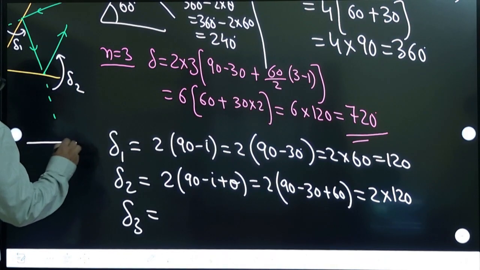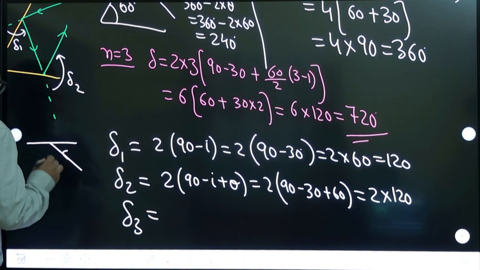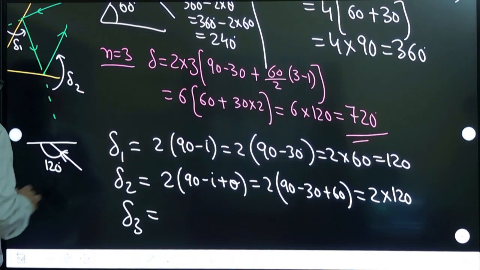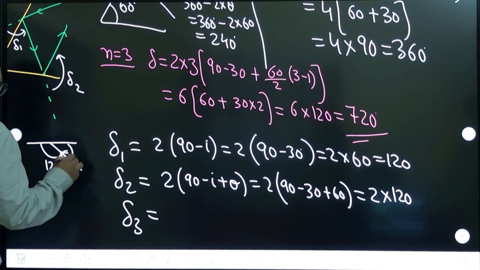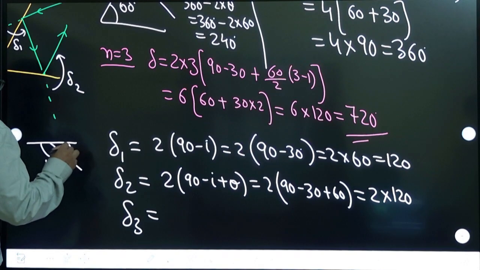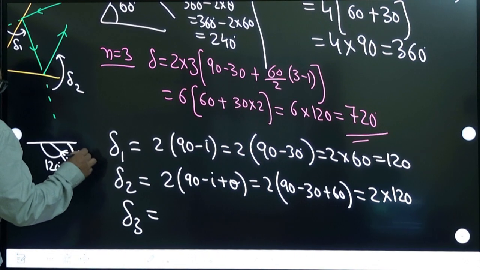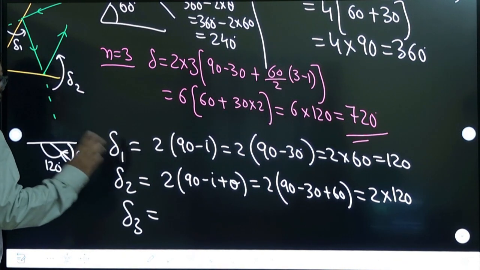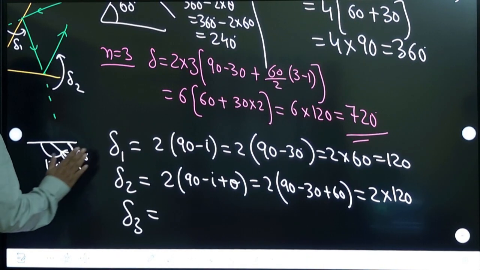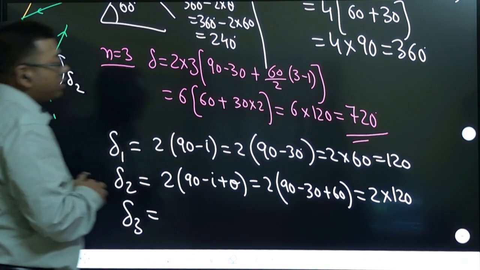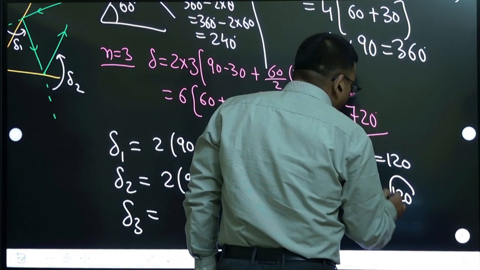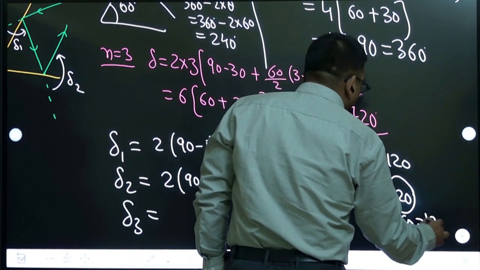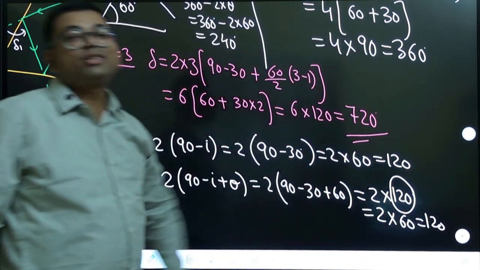So where have we made the mistake? So suppose if ray is coming, if this is 120, this cannot be taken as glance angle. Glance angle should be taken as this one. So we have to take 180, that means 60 we need to choose as glance angle. So if it is coming 120, we have to make it 180 minus 120, which means 60 we need to choose. Suppose I choose instead of 120 here as 60. So 2 into 60 will give 120. Now I think it will come 120 plus 120, 240.